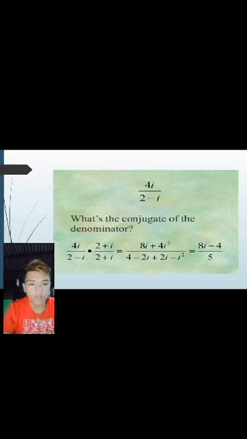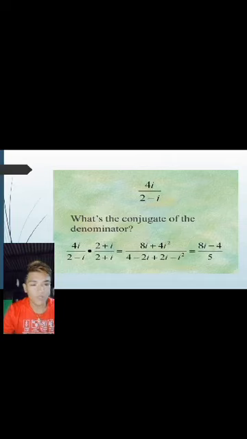2 times 2 is equal to 4. 2 times i equals 2i. Negative i times 2 equals negative 2i. And negative i times i equals negative i to the power of 2. So 8i plus 4i to the power of 2 is equal to 8i minus 4, because the value of i squared is negative 1, and negative 1 times 4 is equal to negative 4.